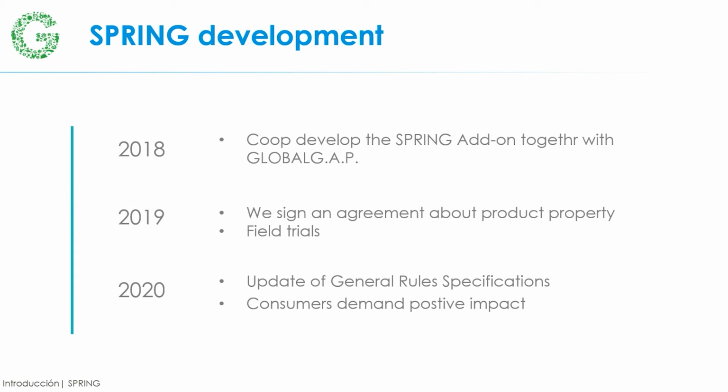After we signed this agreement, we started working on some field trials of spring. We tried to prove if spring is useful for different kinds of producers, different irrigation systems, crops, regions, and weathers. We worked on two different trials.